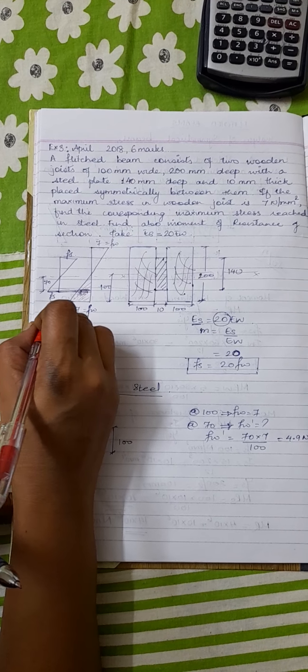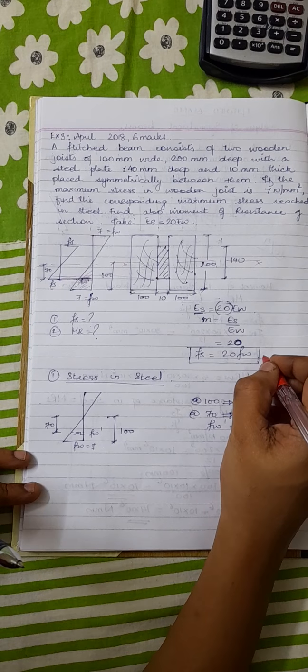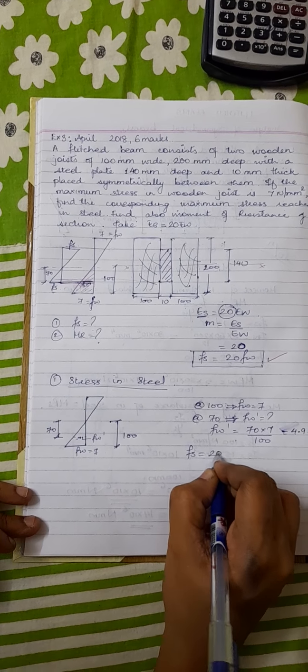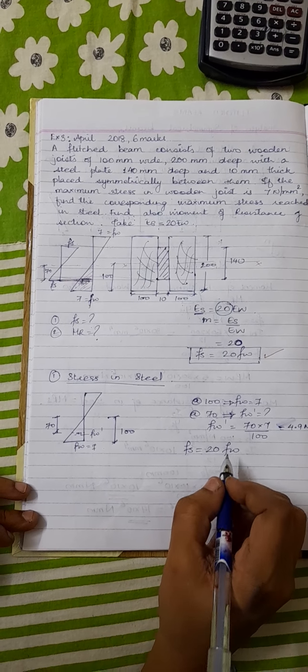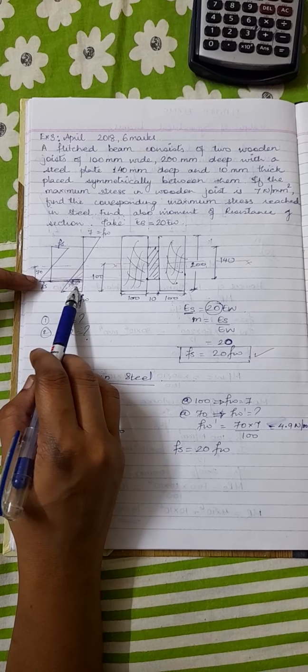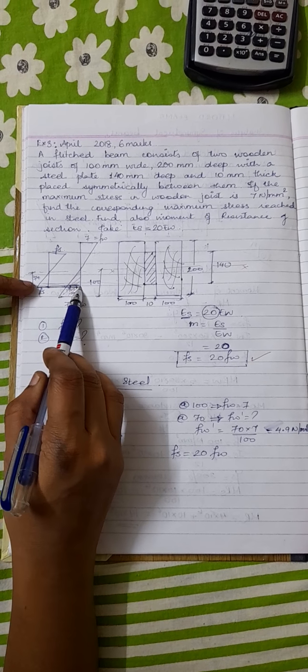Now I want corresponding stress in Fs. To calculate this, I have to use this equation. So I'll write Fs is equal to 20 times Fw. Here, when I'm using corresponding stress, this will be Fw dash, because I want it at the same level.